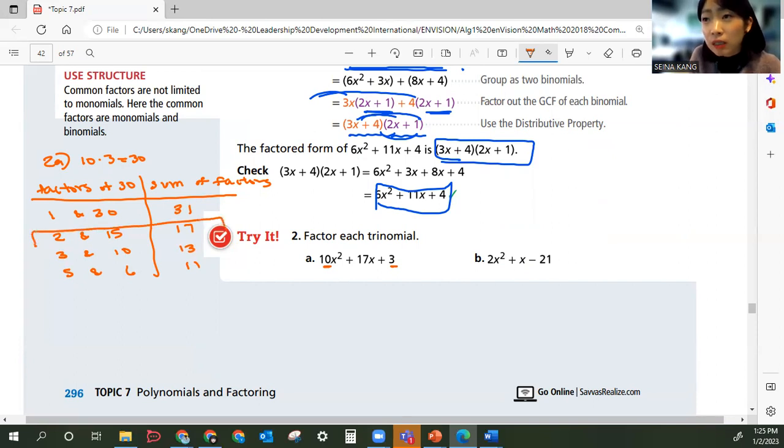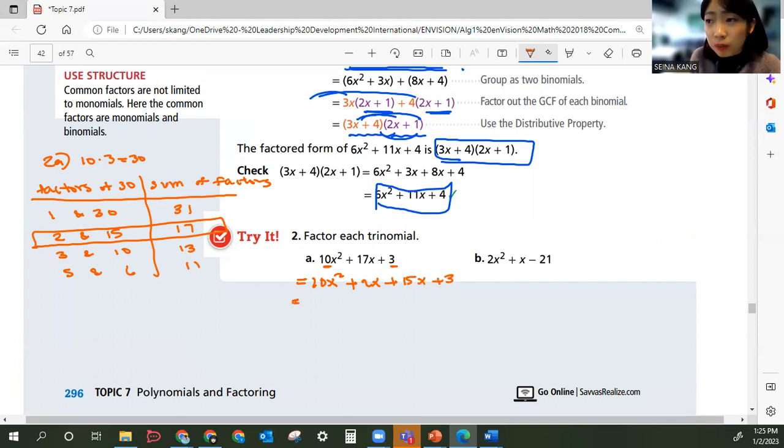2 and 15, right? So you're going to rewrite this and break down your second term. 10x squared, instead of 17x, we're going to add 2x and 15x because that's the same as 17x, right? So 2x plus 15x plus 3.